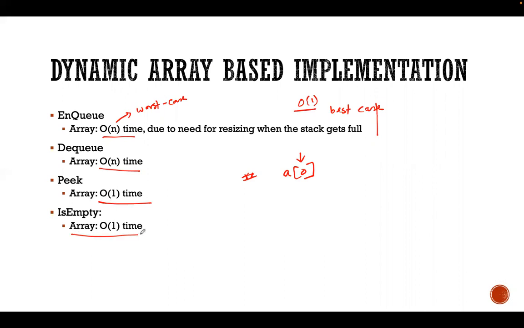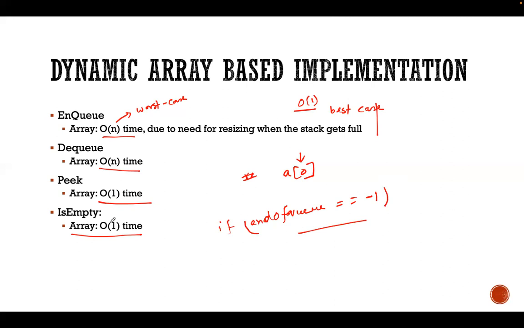IsEmpty is also order of 1. If end of queue equals -1, means there is no value in the queue, then we know that our queue is empty. So that's also order of 1 runtime.